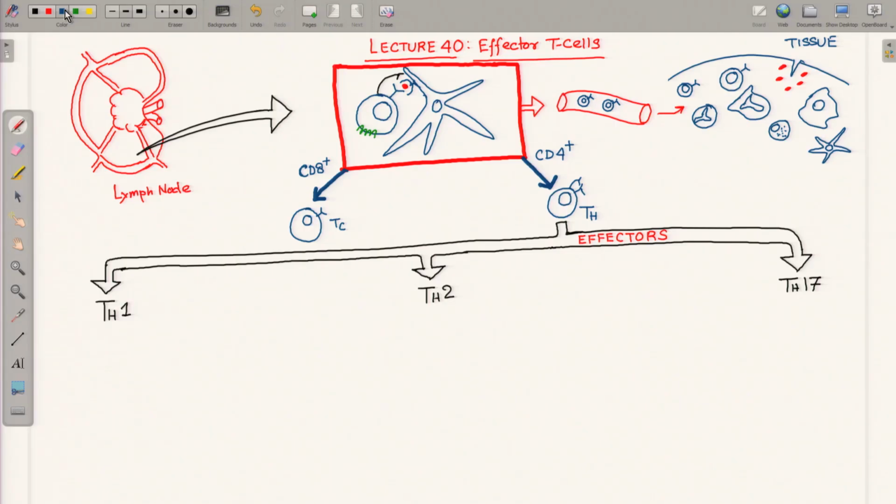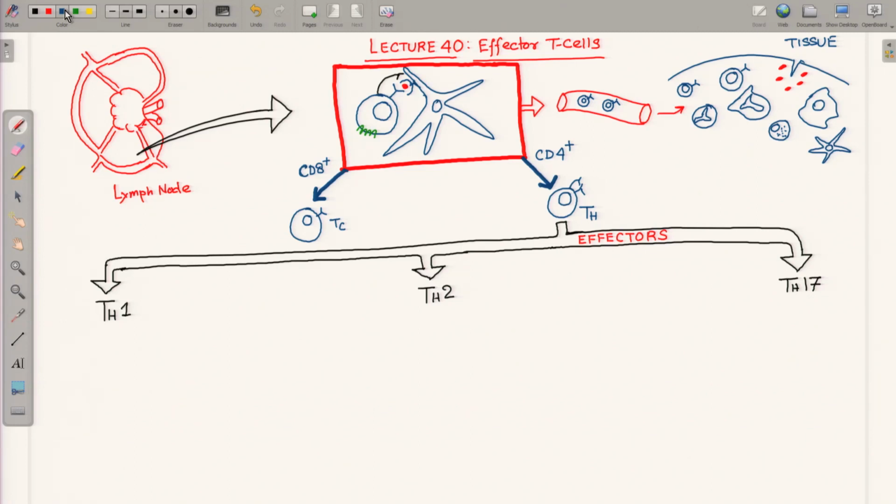In one of my starting lectures, I had already discussed a little bit about the adaptive branch of the immunity. The adaptive branch of the immunity comprises signals that are processed from the innate cells, which are primarily the antigen presenting cells, and they are processed and presented.